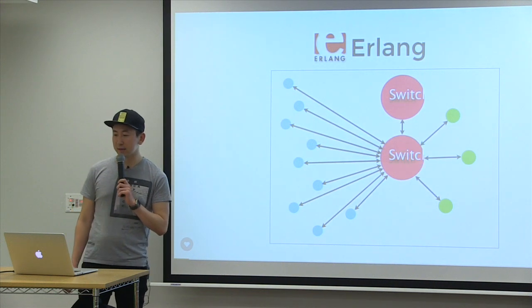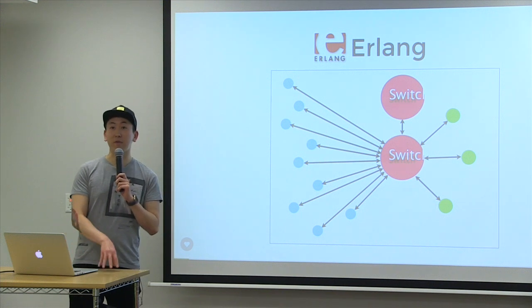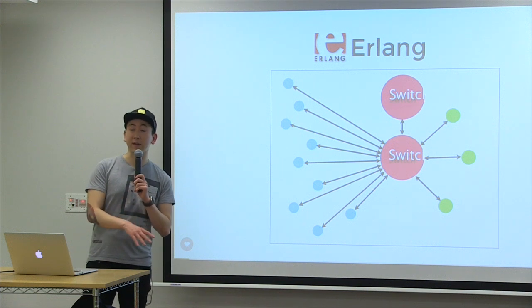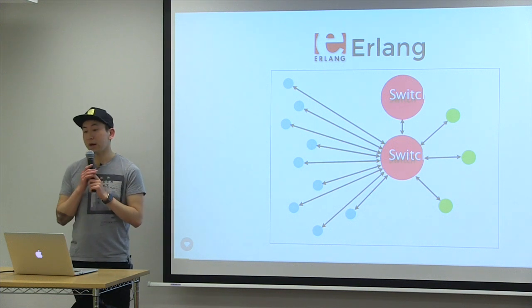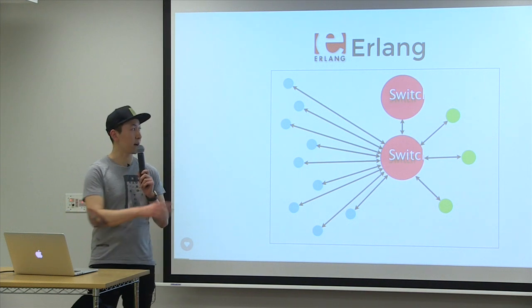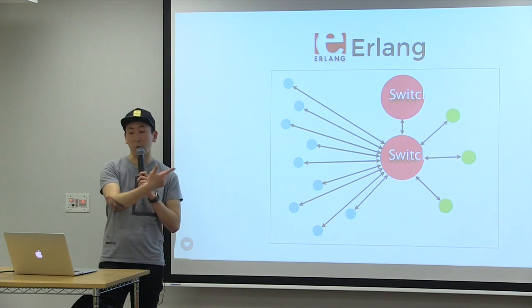So first thing is we need to talk about Erlang, because Elixir is built on top of the Erlang VM. Erlang was created back in the 1980s by Ericsson and built for telephone switches. So you can see the model here: you have switches in the middle, and different telephones around the world.